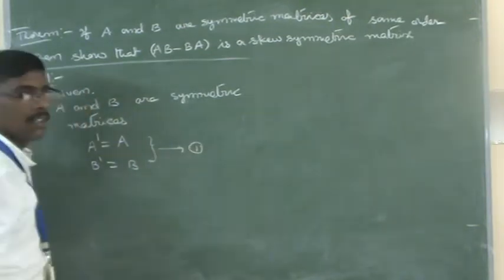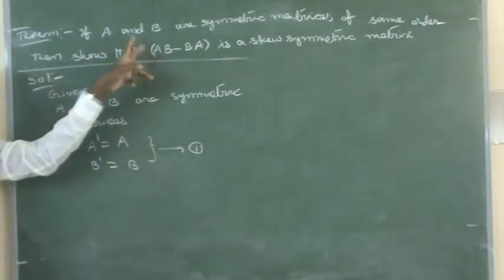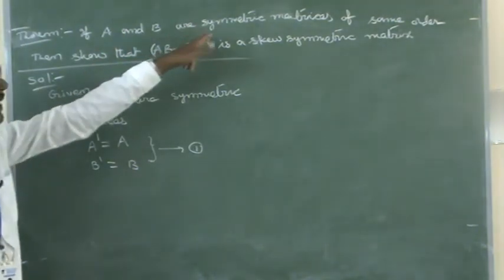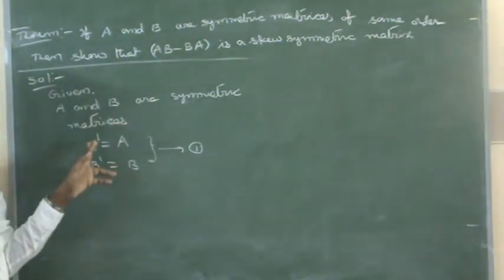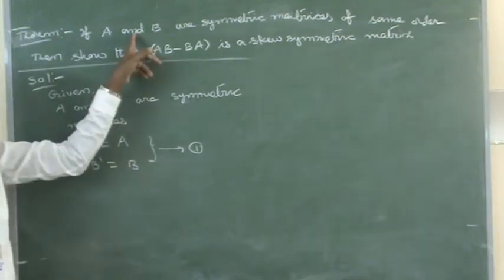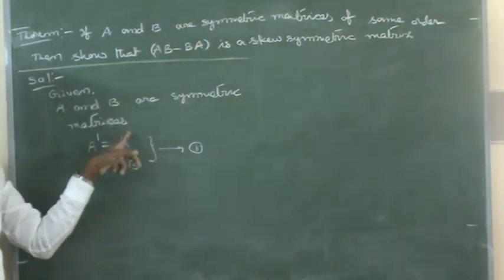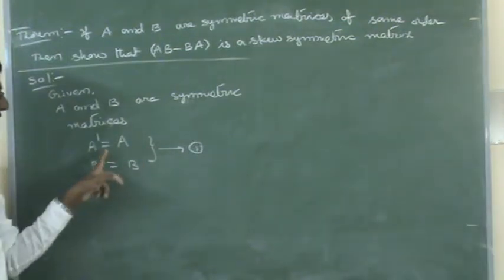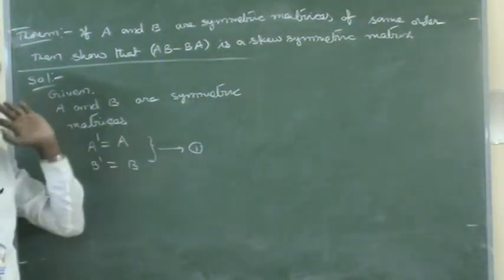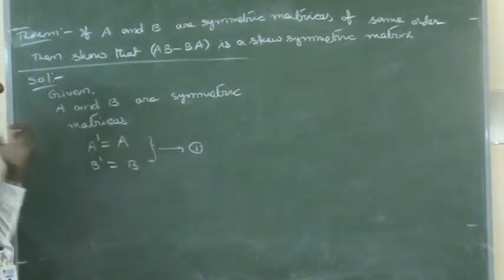Very simple. In the theorem they are giving that A and B are symmetric matrices. What is the meaning of symmetric matrices? A transpose is equal to A, B transpose is equal to B. This is the condition of symmetric matrices. What are we proving?